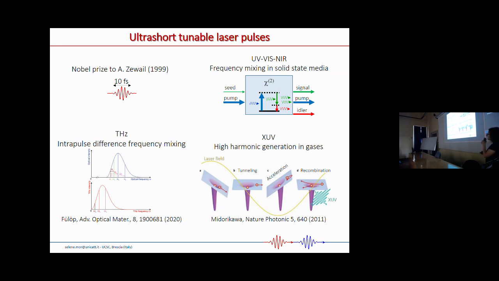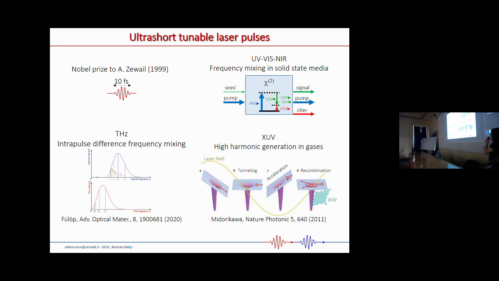If you want, for instance, to stay in the UV up to the near-infrared regime, the standard method is to have a nonlinear medium where the second order susceptibility is quite high. You come with a pump beam which is pretty intense and focused on the material, and then you come with a second weak pulse, which is called the seed.